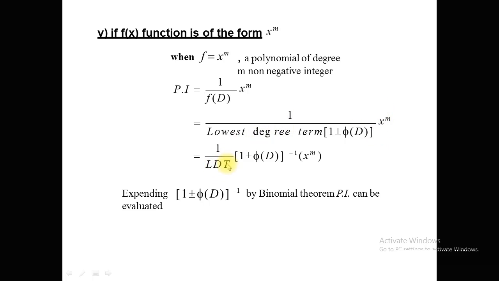Pi is a function of D. Shifting this expression 1 plus or minus pi of D to the numerator, we obtain 1 plus or minus pi of D power minus 1. Now this is the binomial theorem. Expand this binomial expression for the particular integral, and we can obtain the particular solution of the given non-homogeneous higher order linear differential equation. So that is how to find the particular solution when the right hand side has a function in the form of a polynomial.